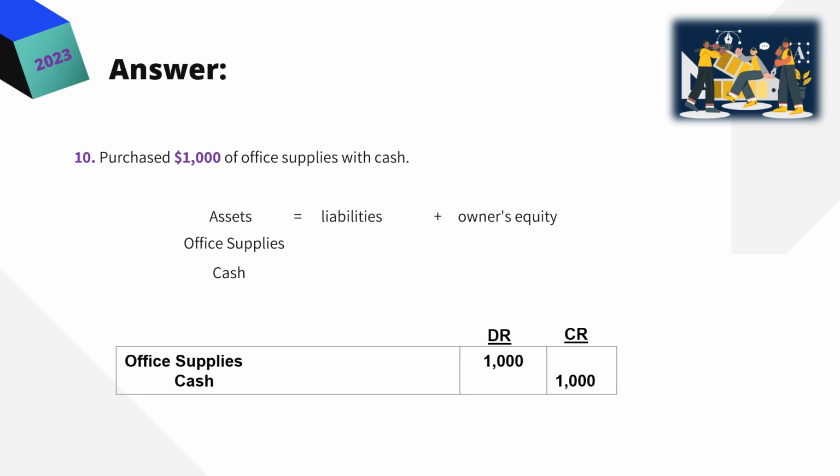Many times, students will consider saying, well, are we paying some obligation here? If in fact we had previously recorded the purchase of office supplies and owed it, then maybe we'd be paying a liability. But in this particular case, all I'm doing is going to an office supply store and buying supplies for cash. So there is no payment of an obligation.